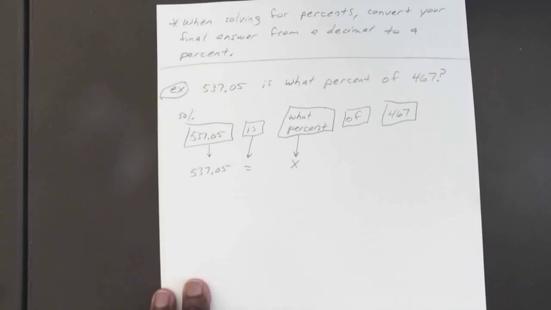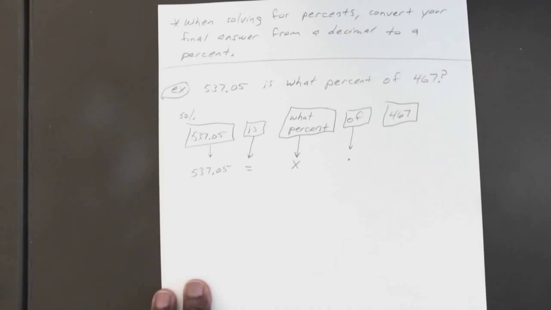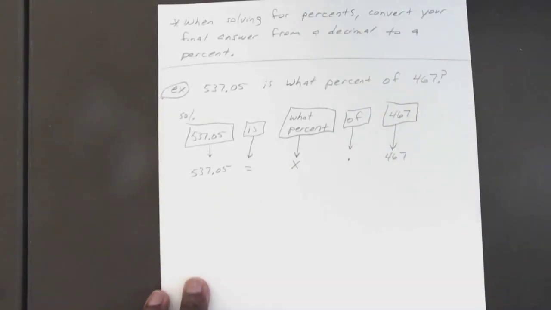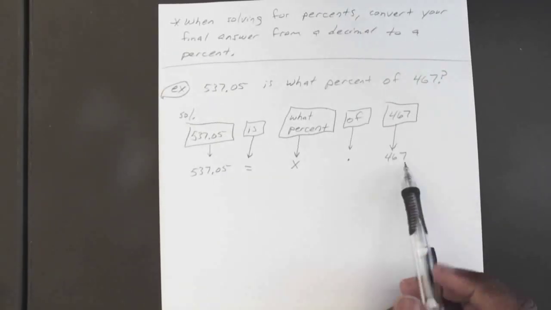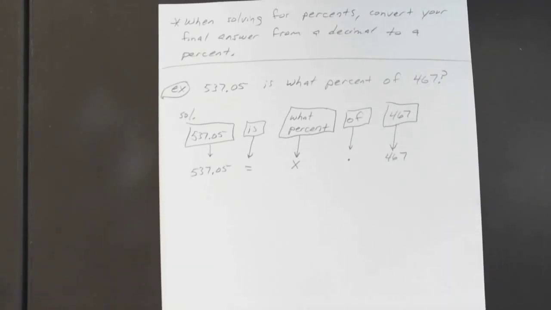Of, remember that means multiply. And 467 is just 467. So really it's just 467 times X equals 537.05.